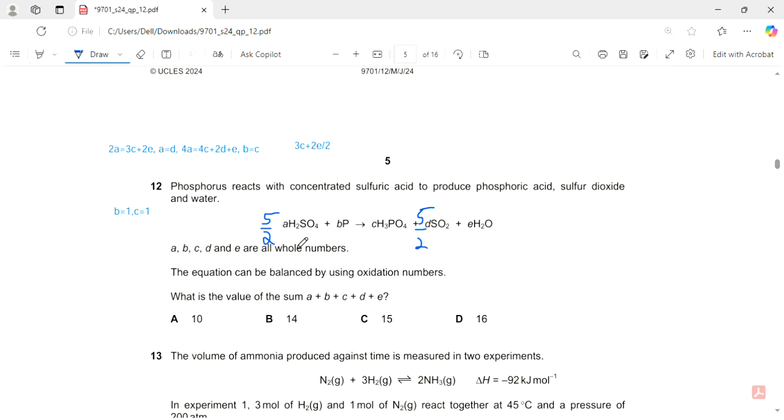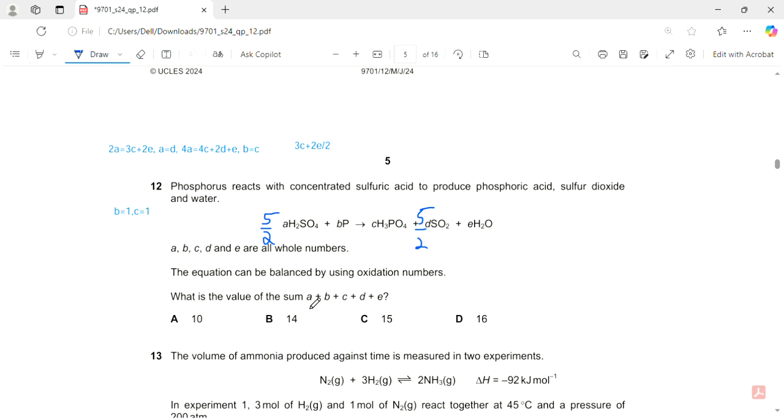Phosphorus also. So if we add together, we cannot find the answer, because if we add 5 upon 2 plus 1 plus 1 plus 5 upon 2 plus 1, it comes to 8. 8 is not the option.